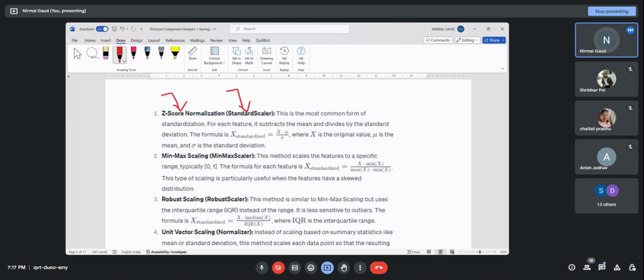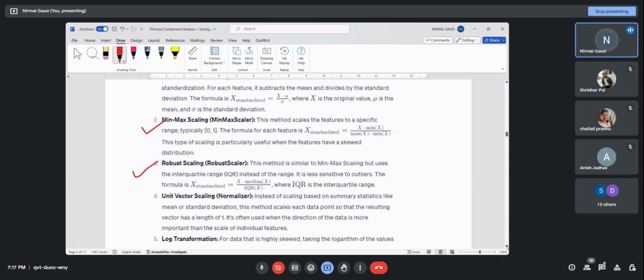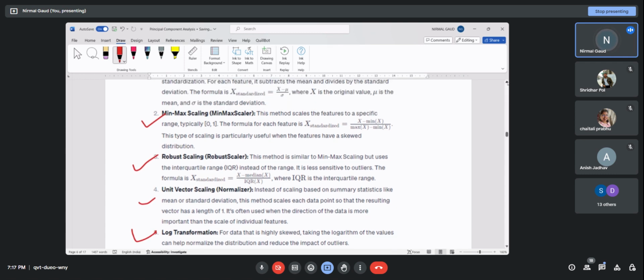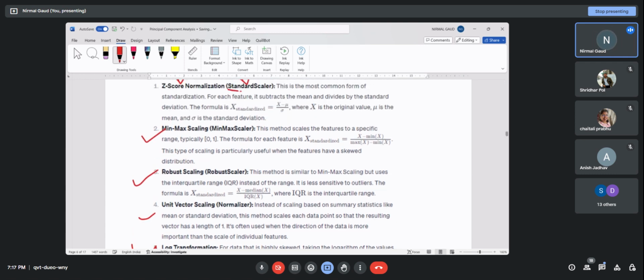There are other methods also to perform the scaling of the data. These are min max scaler, robust scaler, unit vector scaling, and log transformation. Apart from standard scaler, for example, min max scaler.